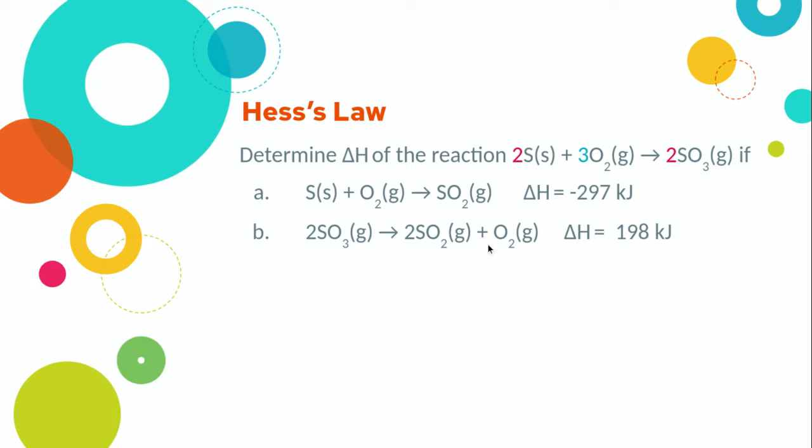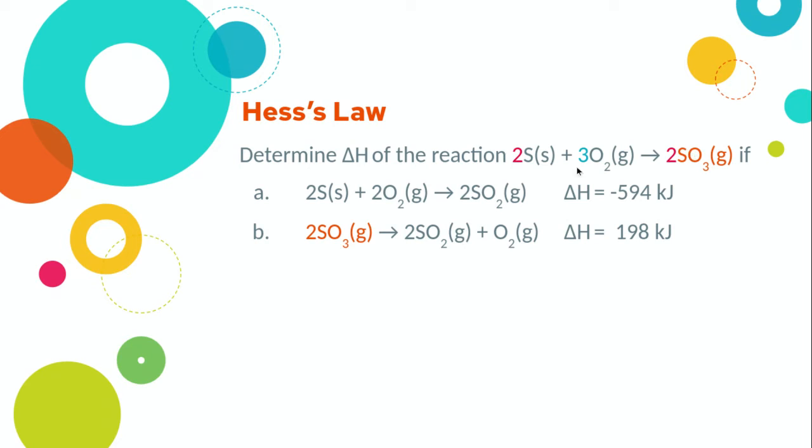We see that we have two sulfurs in our final equation. Since I only have one here, I'm going to multiply this entire equation by 2. And remember, delta H is included as part of that equation, so I'm going to multiply it by 2 also. That takes care of the first piece.